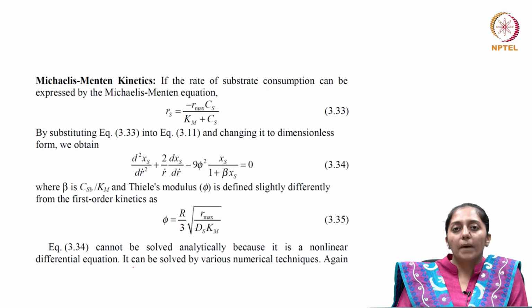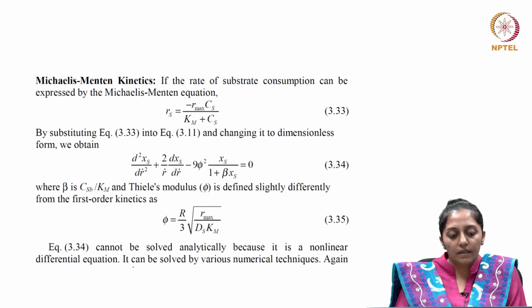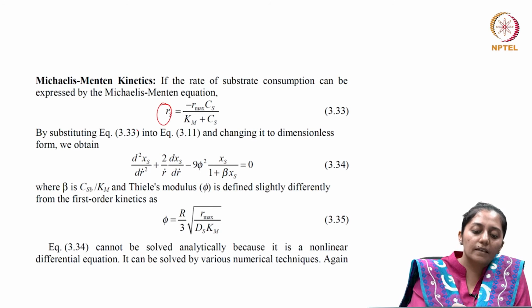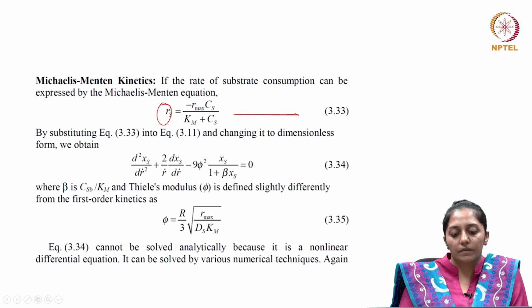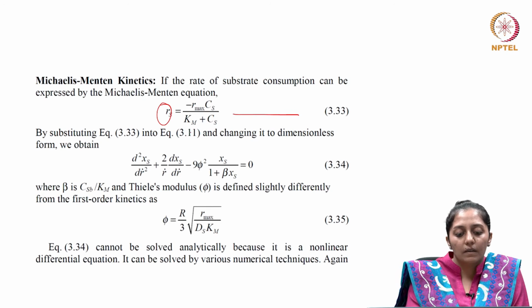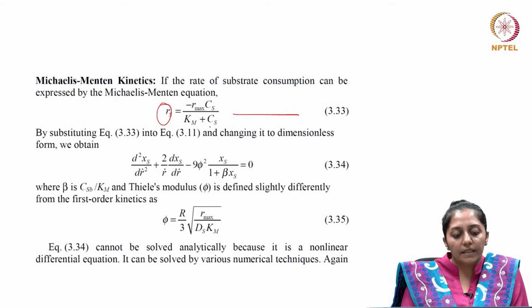Now, if we take Michaelis-Menten enzyme kinetics, or reaction kinetics in the enzyme system, we know that the reaction rate can be given as shown in equation 3.33 as Michaelis-Menten kinetics.